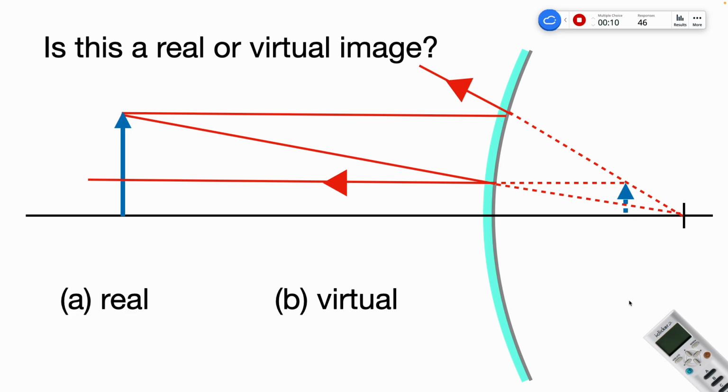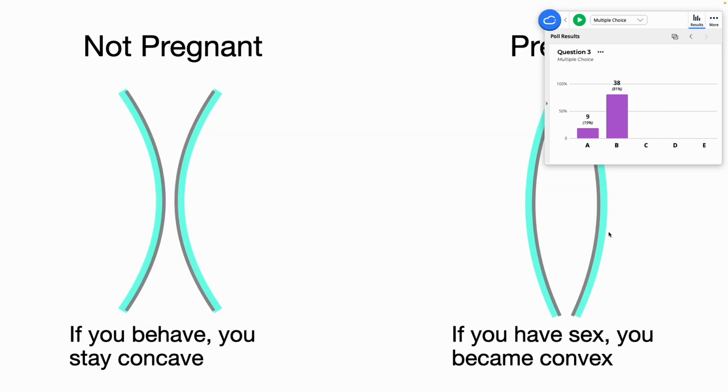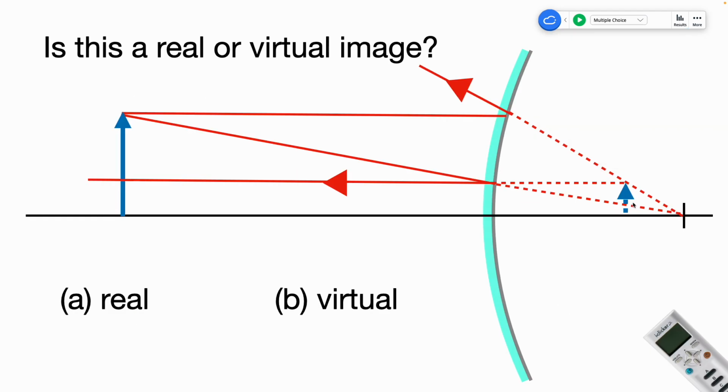Now, does the light actually pass through that point? Is the image formed by this convex mirror a real image or not? Good, it's a virtual image. You see, the light never actually passed through this point.